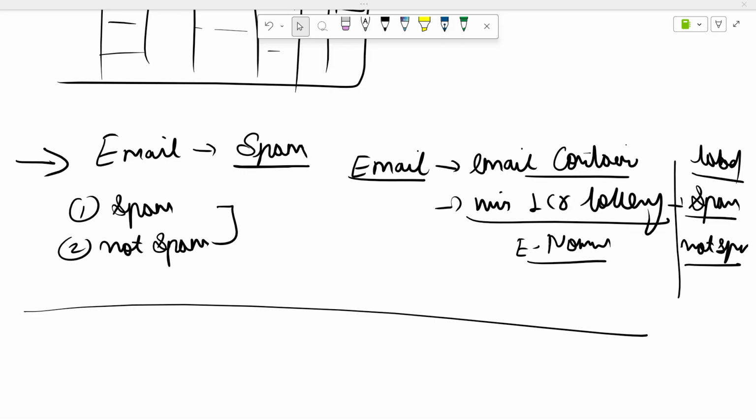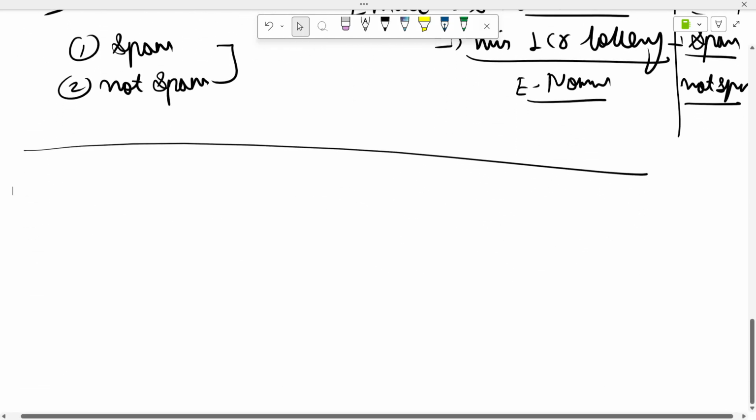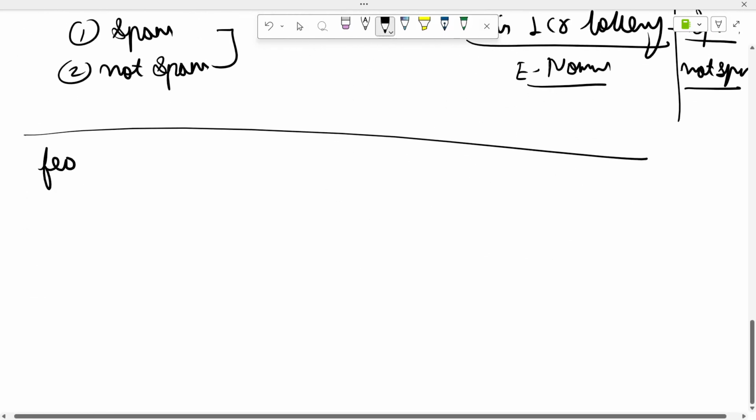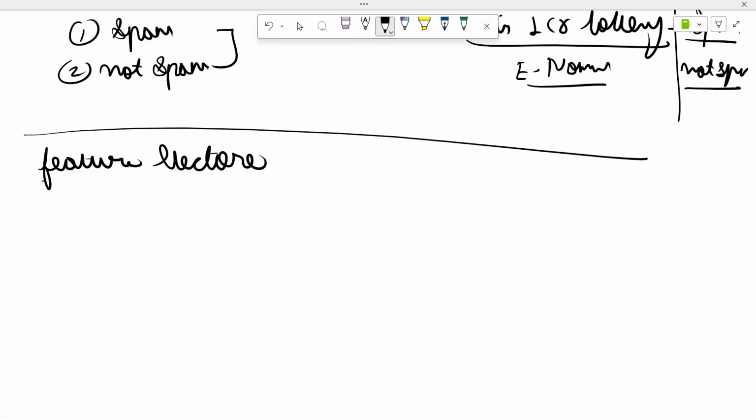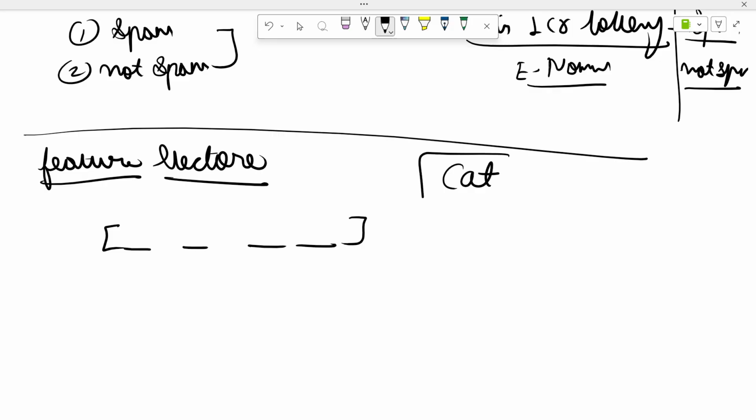And you have also heard about the feature vector in machine learning or in deep learning. This is also very simple. It is a representation of some data. For example, let's say there is a cat image. What it has is pixel values, RGB channels.